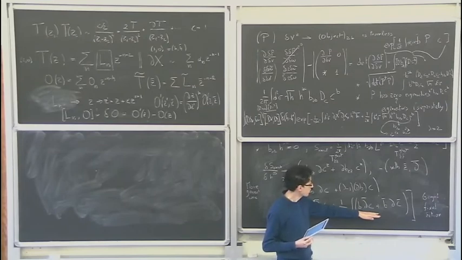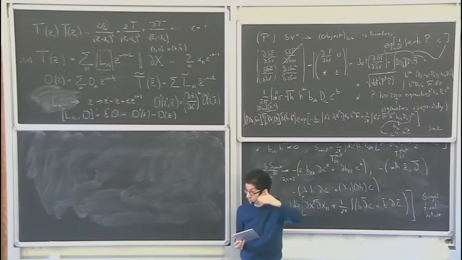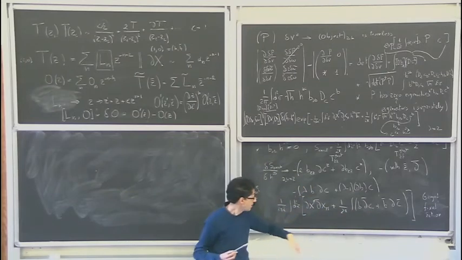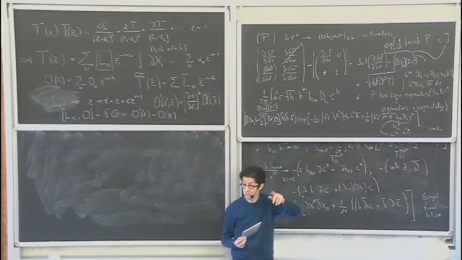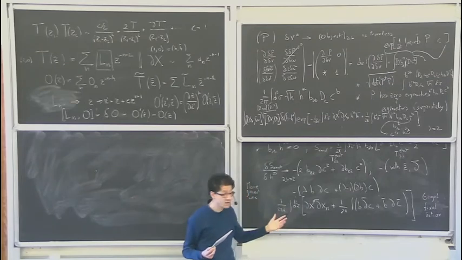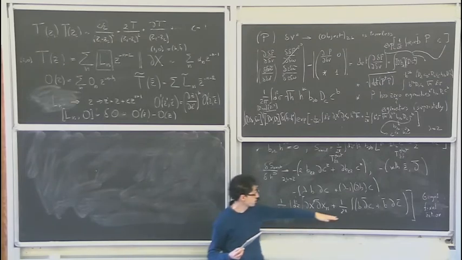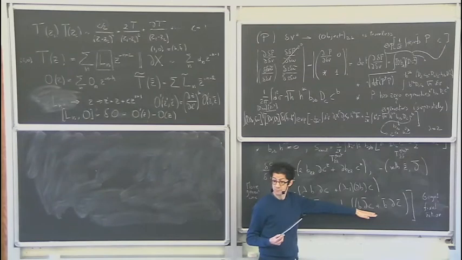And the ghost sector is a theory of fermions, anti-commuting variables, that came from the Faddeev-Popov prescription. And it is again a free theory. You see, this looks like a Dirac equation, just one derivative with no mass, no potential term. So this is just a free theory.